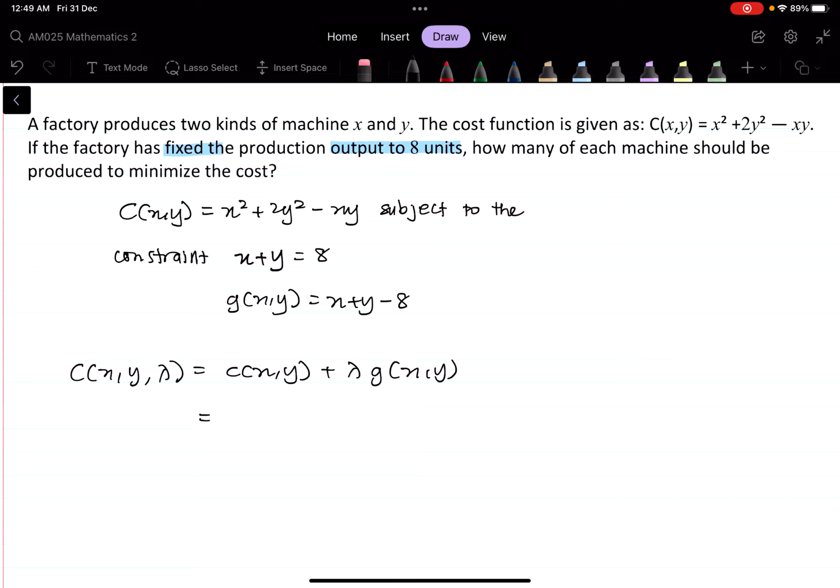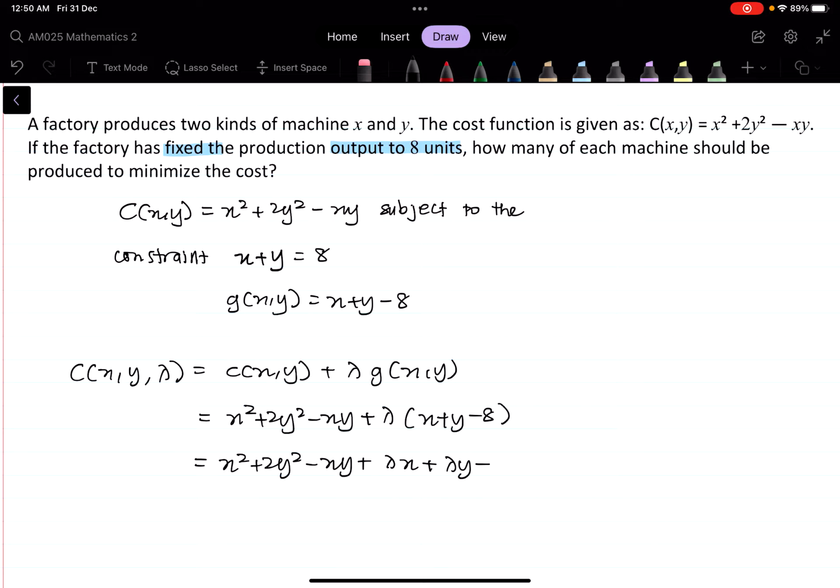So the function C is x squared plus 2y squared minus xy plus lambda, the function g is x plus y minus 8. If we expand, x squared plus 2y squared minus xy plus lambda x plus lambda y minus 8 lambda.